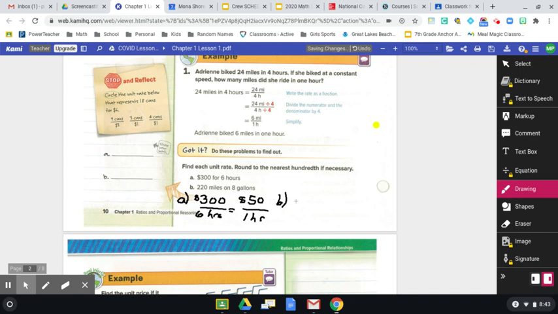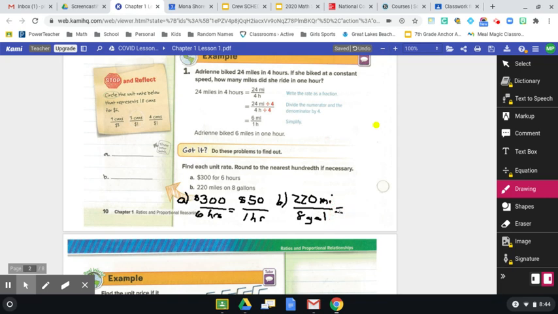Letter B. 220 miles on 8 gallons of gas. Let's find out how many miles per 1 gallon. I'm going to set it up as a fraction. Notice when I do these, I'm writing the labels next to each one. The labels are important so you understand what you are truly solving for. We're going to find out miles per gallon, MPG, how many miles per gallon.